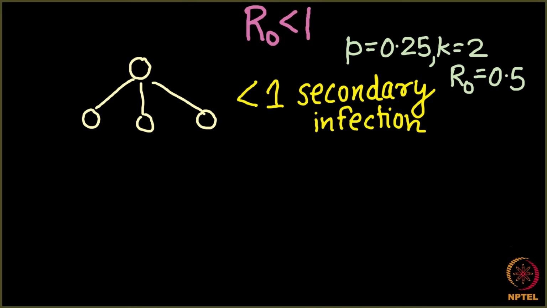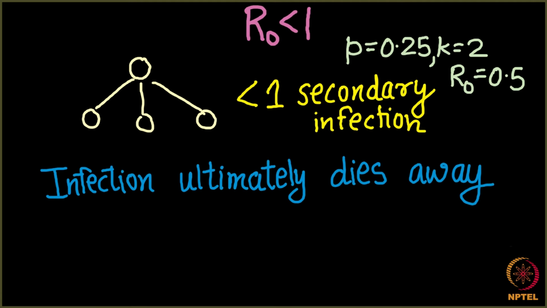Half of its children says that it is unable to infect even one person here, and the disease dies away in this case. So when R0 is less than 1, your infection ultimately dies away, which means that this contagion is not going to become an epidemic.